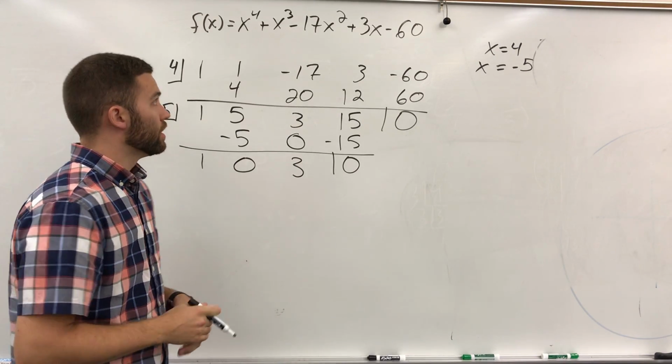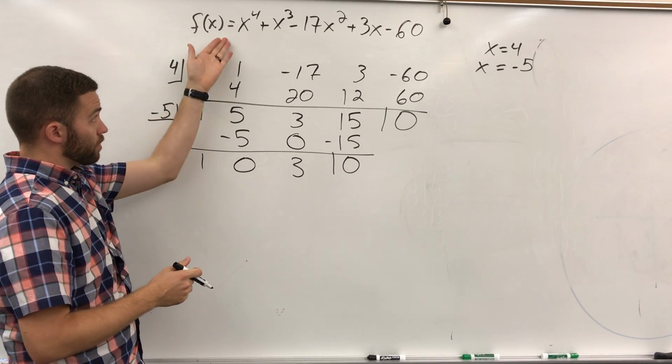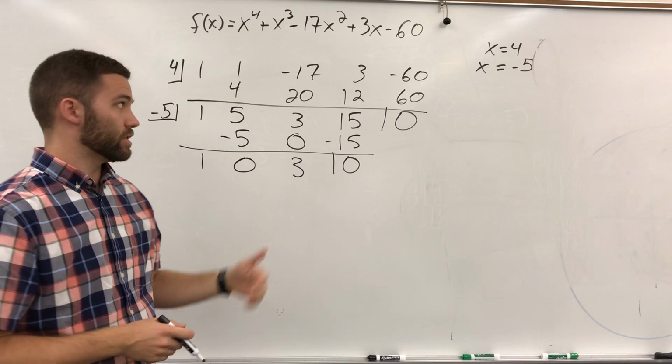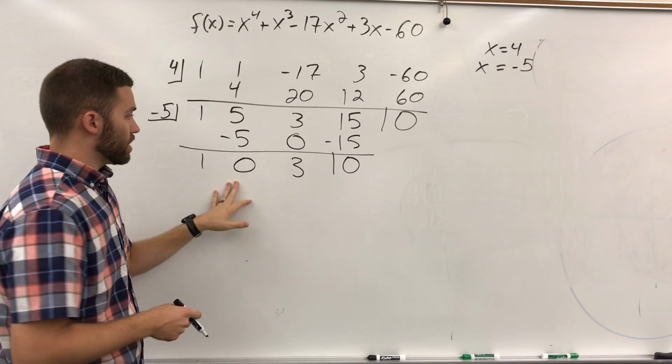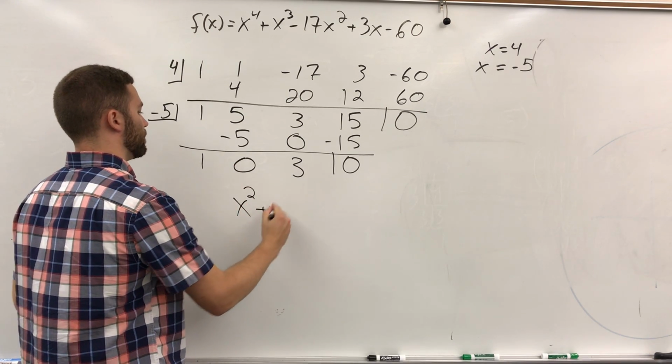But it didn't, so just to lay out what we've got now, we started with a 4th power polynomial. We divided twice, so that's going to depress the degree of the polynomial by 2. So this will be a quadratic. In other words, this other factor here is x squared plus 3.